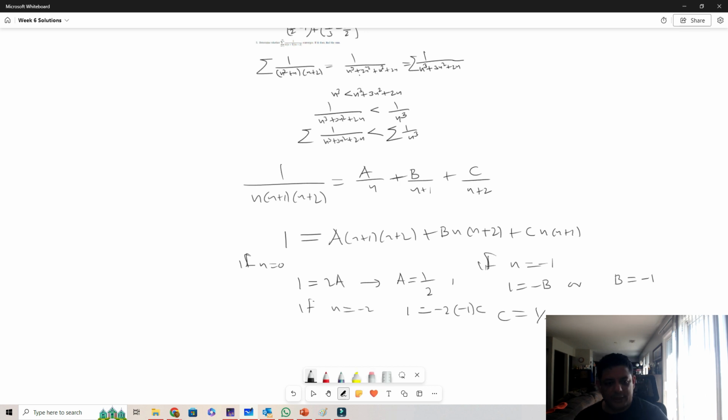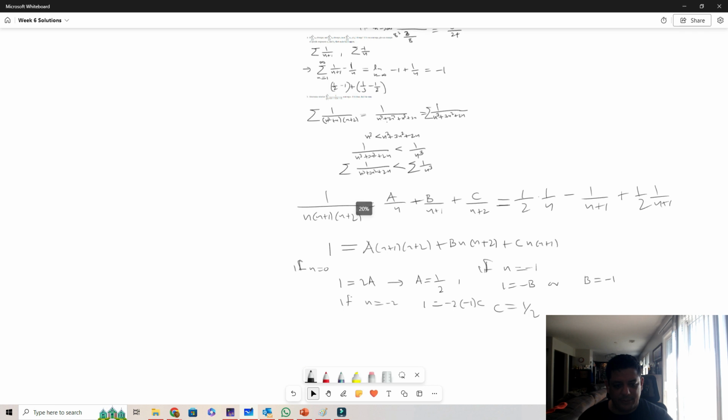So because of that, we can see this arrangement as 1/2 times 1/n, and then b is -1, so -1/(n plus 1), and then plus 1/2 times 1/(n plus 2).